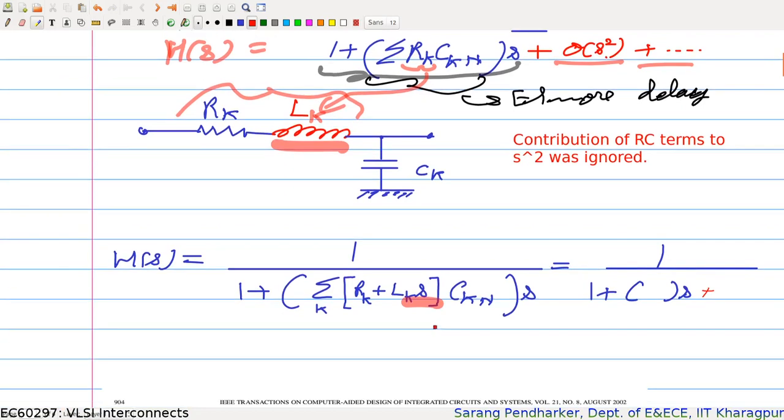So we added this, and there was a term of s here and an already existing term of s here. By the combination of both, what we got was a term of LC and s squared.